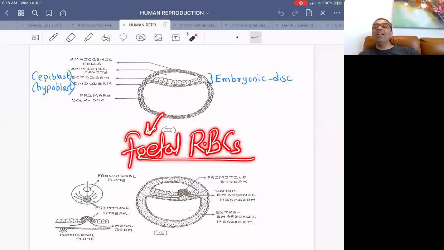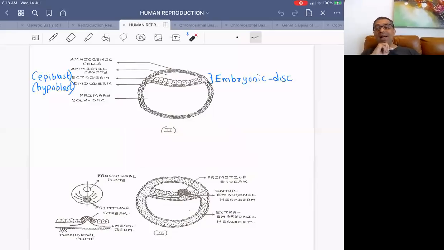So, fetal RBCs are required, fetal oxyhemoglobin is required in all the parts of the body. Who will form the first fetal RBCs? First fetal RBCs are formed by cells of the primary yolk sac. तो primary yolk sac बहुत काम का है. It forms the fetal RBCs in the male as well as female child, and in the female child it forms the germinal epithelium of the developing ovary. Beautiful. ये याद रखना.